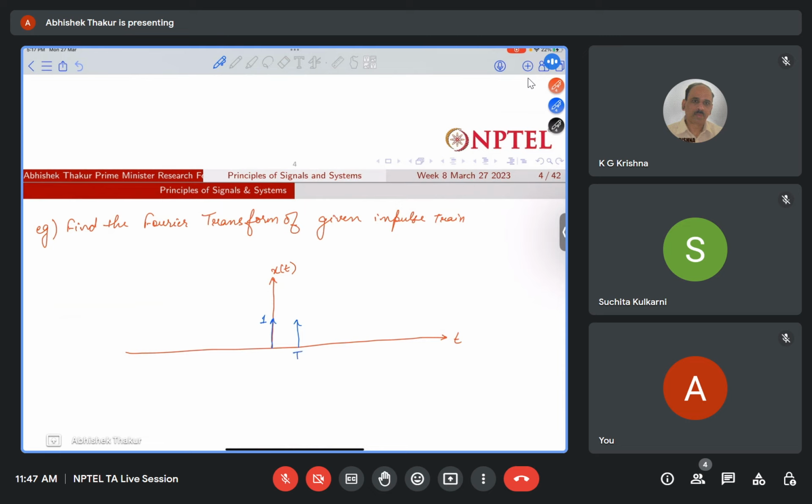At the interval of Ts, there is an impulse like this.